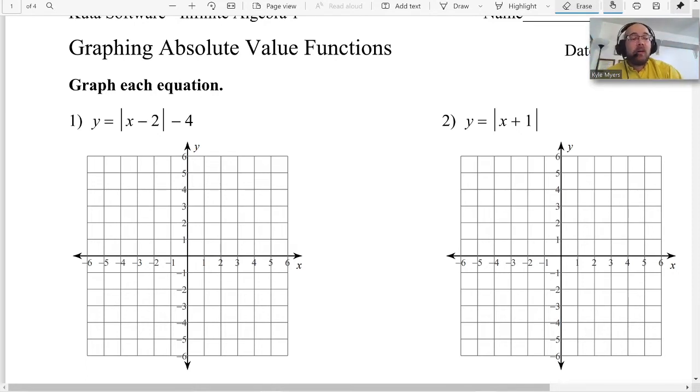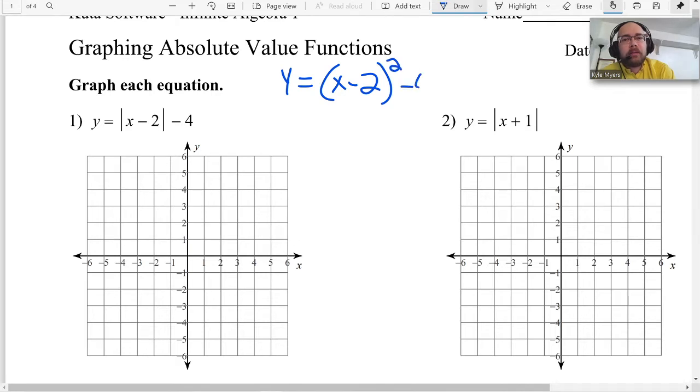But for right now, all you need is basically what you need when you're graphing a parabola. So if I have, let's do the same one as number one, y equals the absolute value of x minus 2, minus 4.